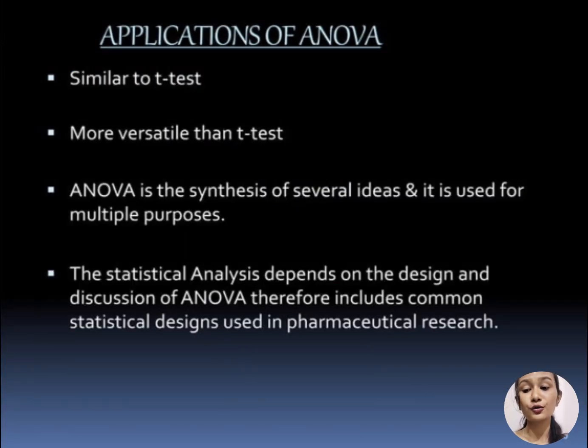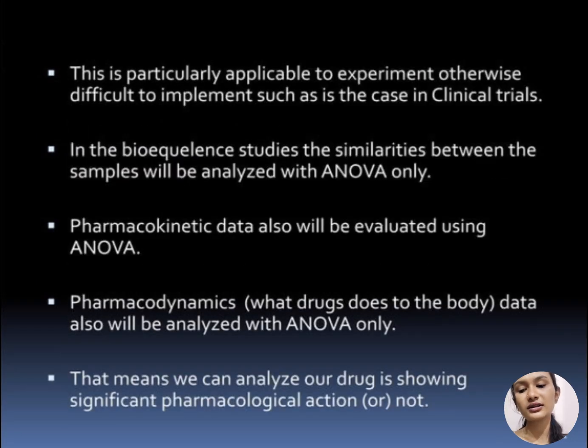Now, let us move on to know more about the applications of ANOVA. Similar to the t-test, but more versatile than the t-test. ANOVA is the synthesis of several ideas. The statistical analysis depends on the design, and the discussion on ANOVA therefore includes common statistical designs used in pharmaceutical research. This is particularly applicable to experiments that are otherwise difficult to implement, such as clinical trials.